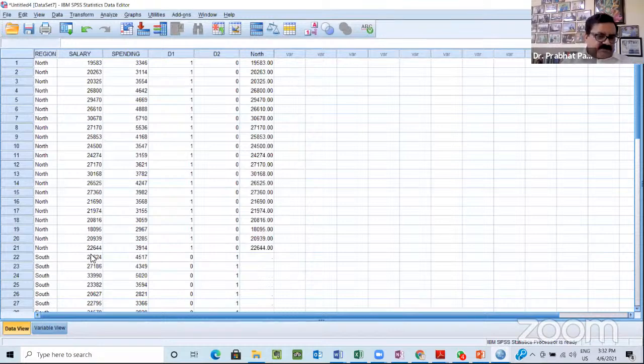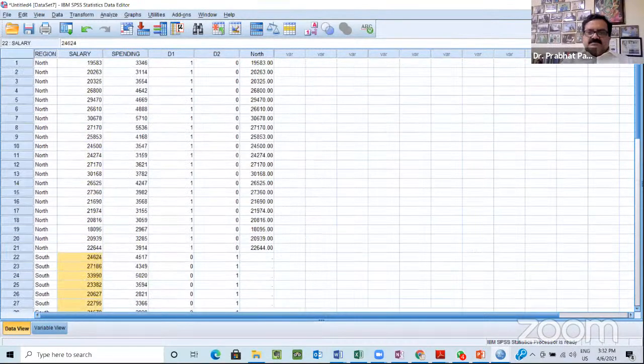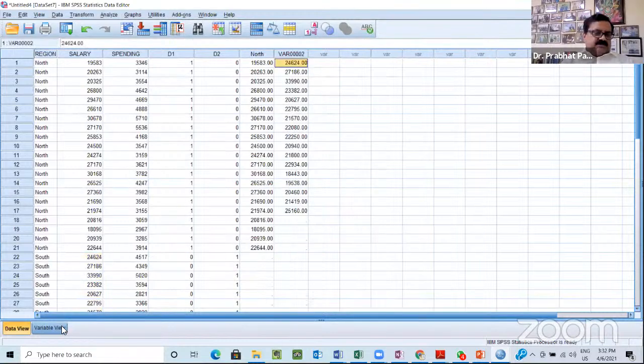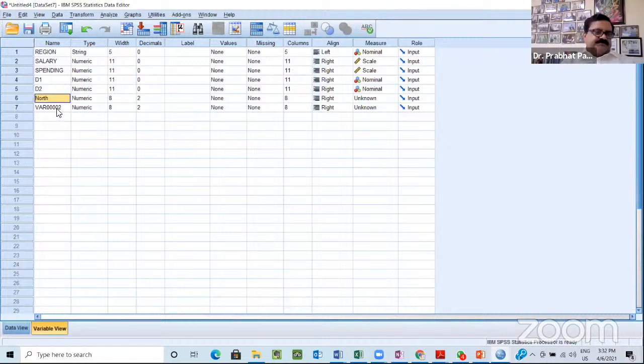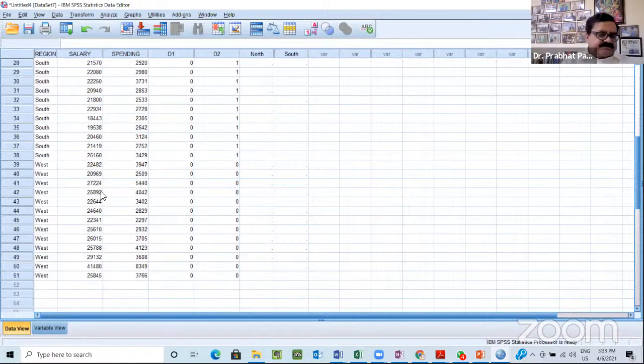Then for south, I'm copying from here. These are the data for the south, and I'm naming it south. Then for the third category, west, it starts from here till this point.